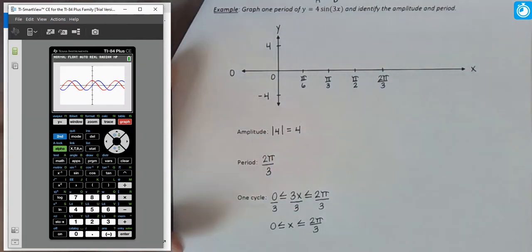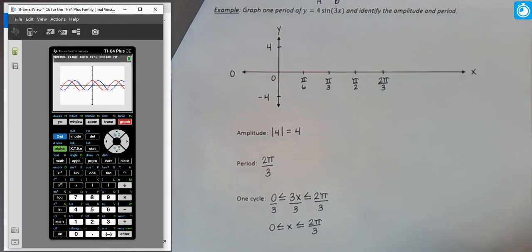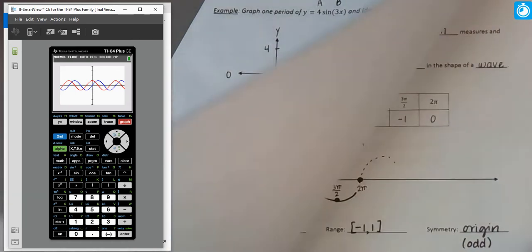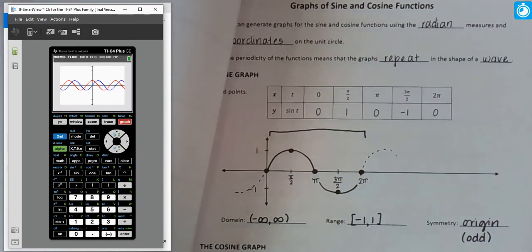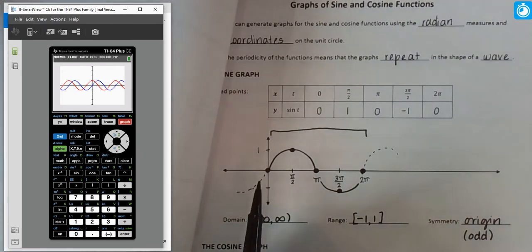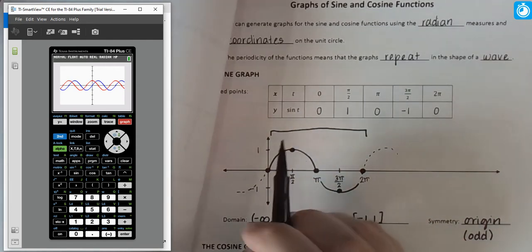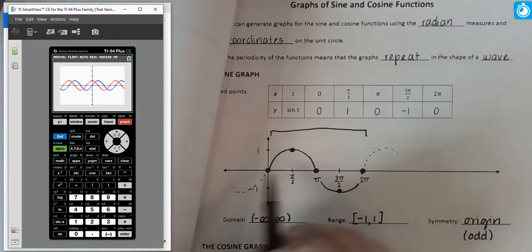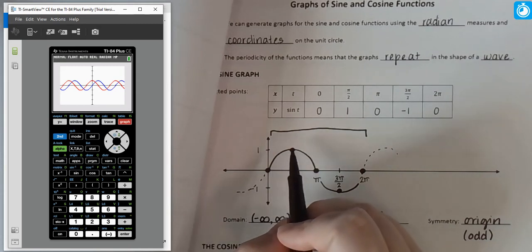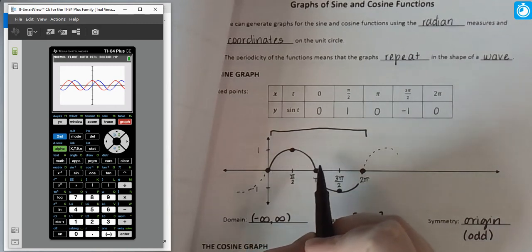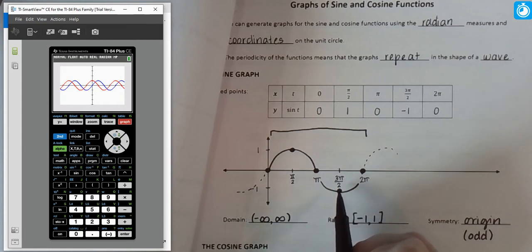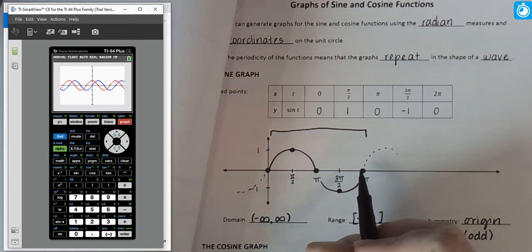All I have to do is put in the key points based on the fact that we're graphing a sine function. So let's go back and look at the standard sine. What's the general idea for how the sine is changing across that one period? Well, it's starting on the center line at its starting point, and then we increase to the maximum, go back to the center line, decrease to the minimum, and then go back to the center line.